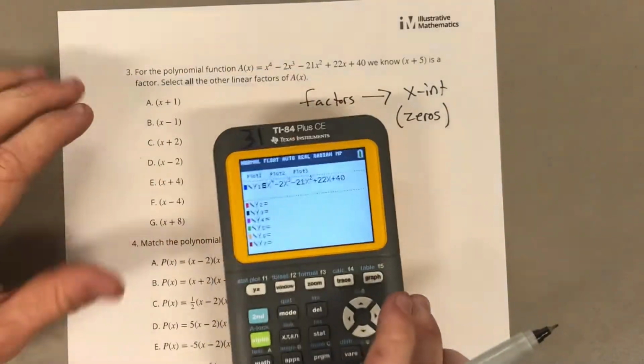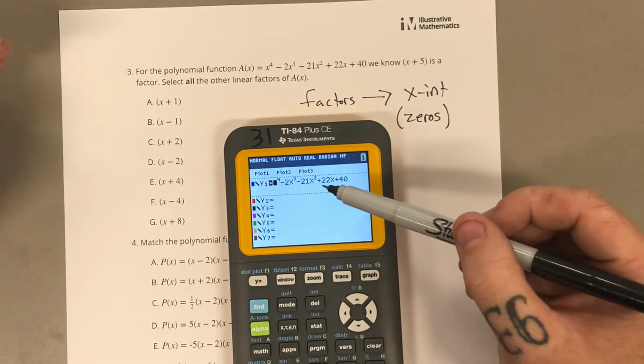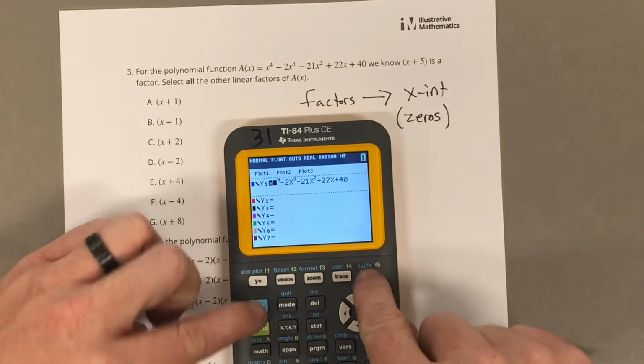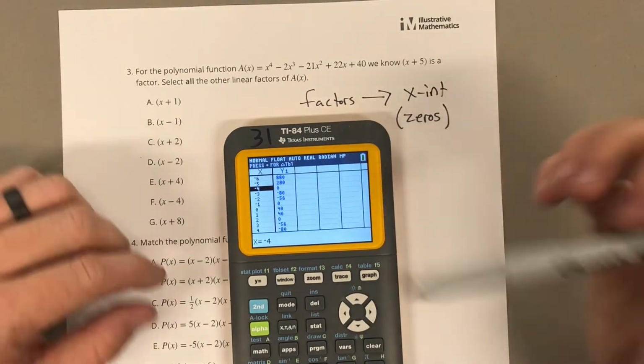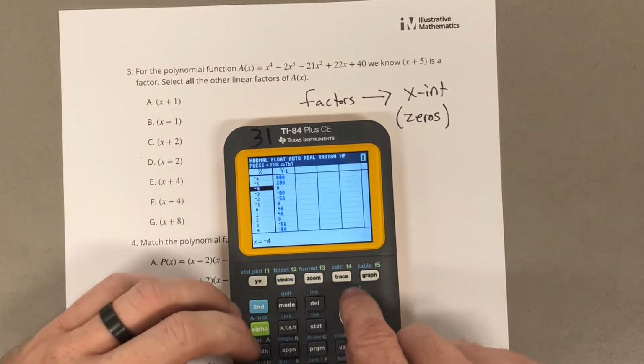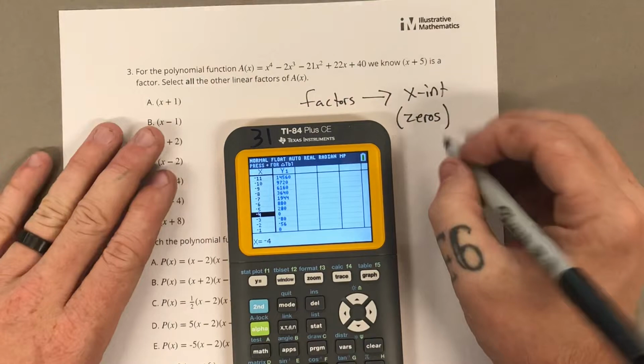All right, so in your calculator, x to the fourth minus 2x cubed minus 21x squared plus 22x plus 40. Then we're going to go to the table and look for wherever y is 0. So we have one at -4.